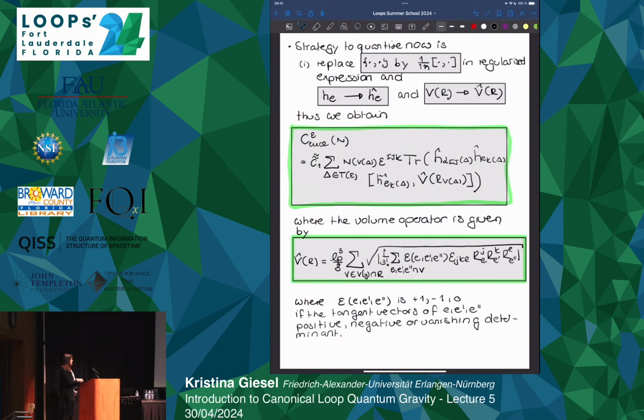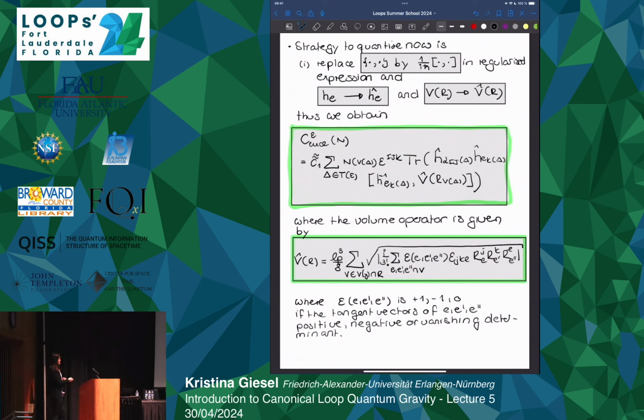And this factor basically gives +1 or -1 if they are linearly independent but have a positive or negative determinant. So it depends on the orientation. And if they are linearly dependent, so planar, then it just gives 0, and those edges will not contribute.